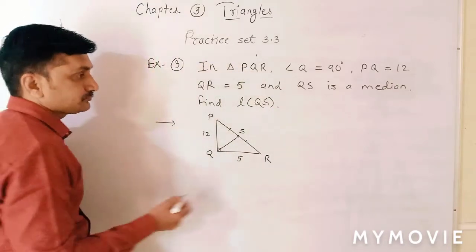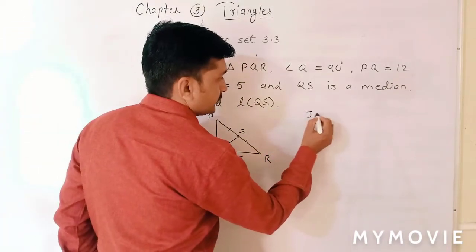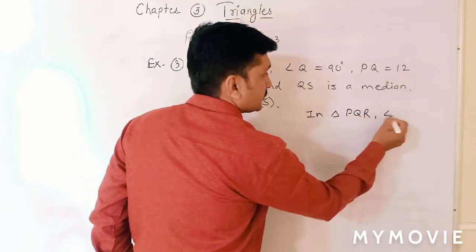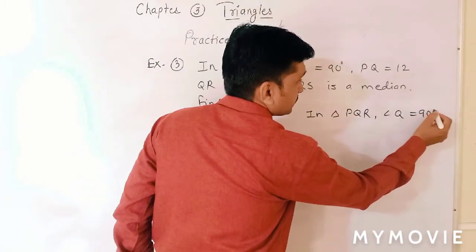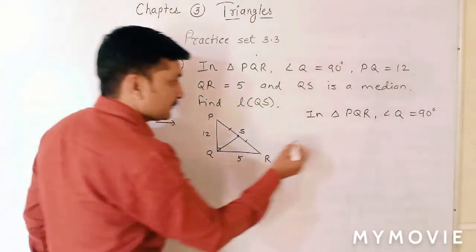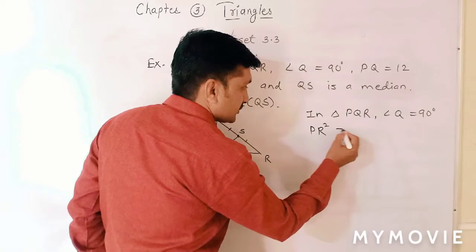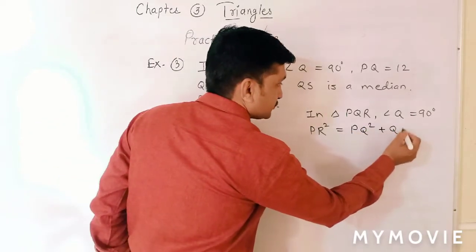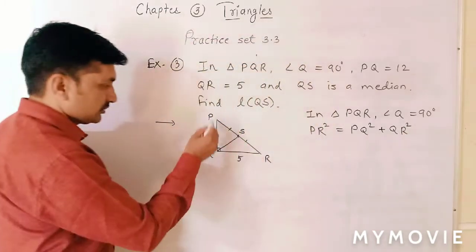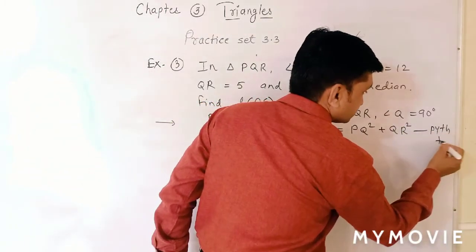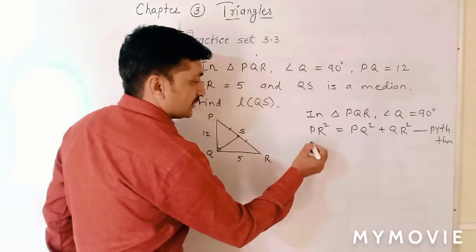Let's start. Here I write, in triangle PQR, angle Q is equal to 90 degrees, which means it is a right angle triangle. Use the Pythagoras theorem. Hypotenuse square is equal to one side square plus other side square. PQ square plus QR square, supports the Pythagoras theorem. Put the values.